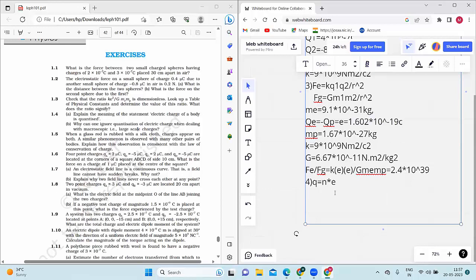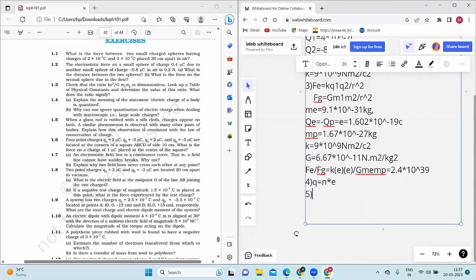So even in a small change like the transfer of electrons, the value of N won't change much. So in the macroscopic case, the quantization of charge can be neglected.